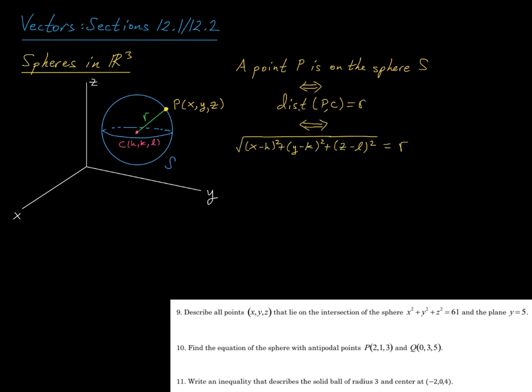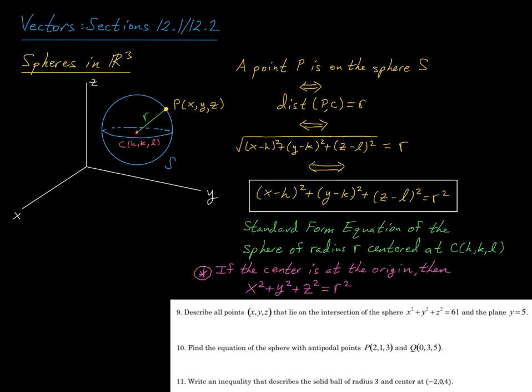So applying our result from the last video about distances, the distance from P to C is the square root of the sum of the squares, where in each of the squared terms, I'm just taking the difference in each of the respective coordinates. So x minus h quantity squared, y minus k quantity squared, and z minus l quantity squared. And that distance must equal the radius r.